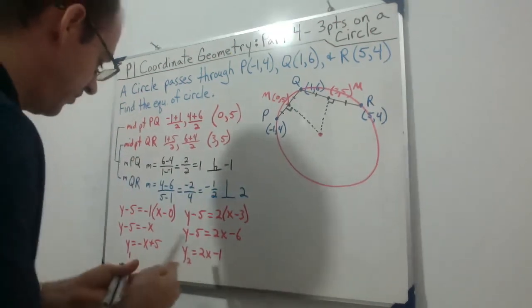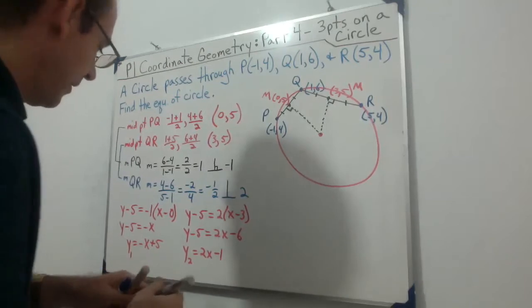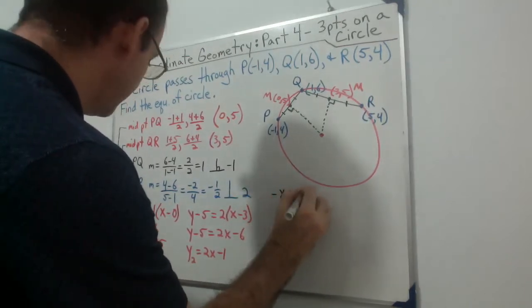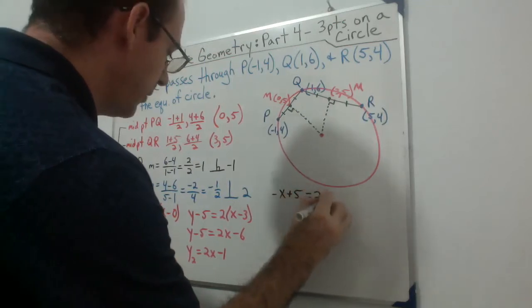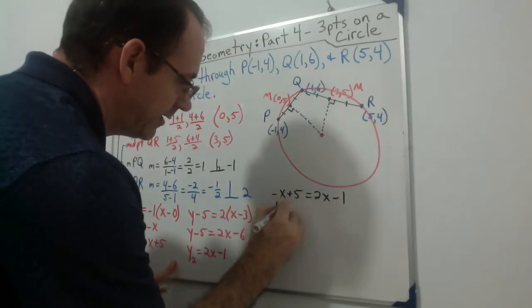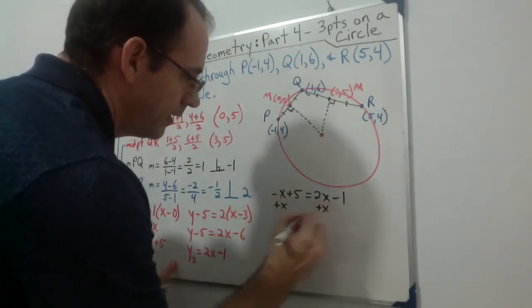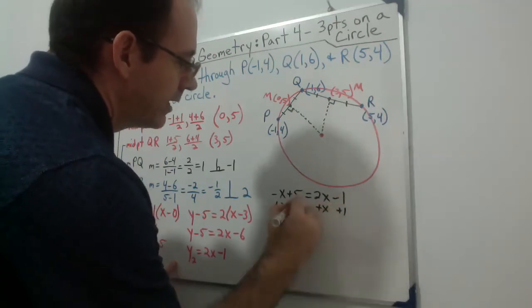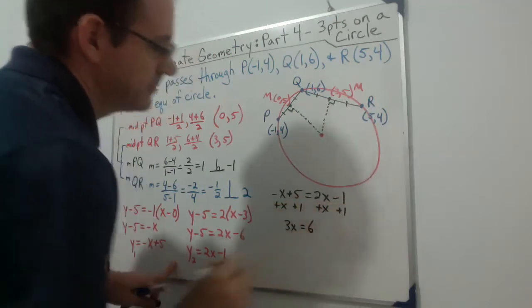So we have to set these two equal to each other. We end up with negative x plus 5 equals 2x minus 1. If we add x over here, we get 3x, and if we add 1, we get 6.